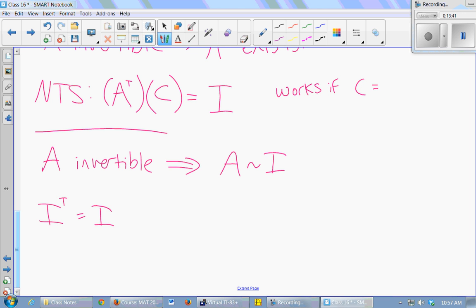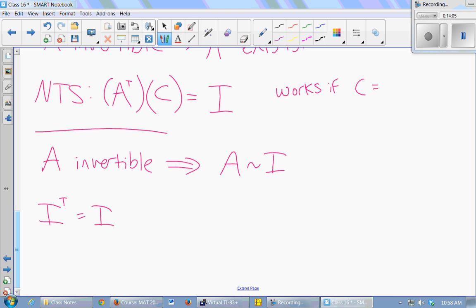A inverse. A transpose times A inverse would give you the identity? I don't think so, because A times A inverse gives you the identity. The inverse of A transpose, yeah.